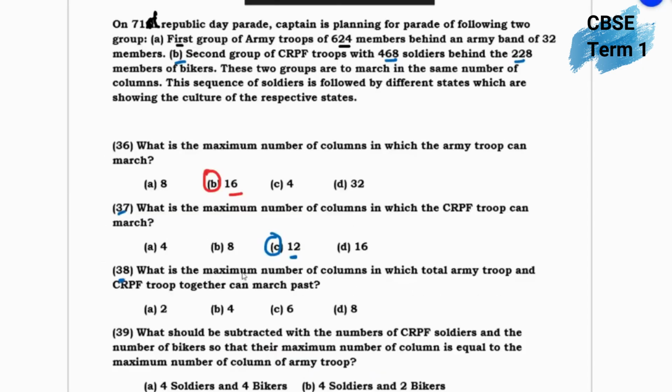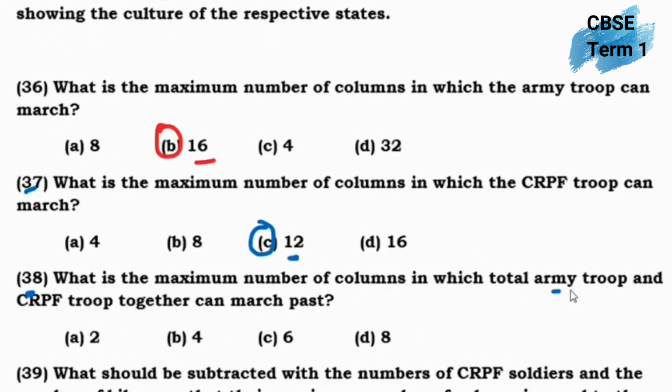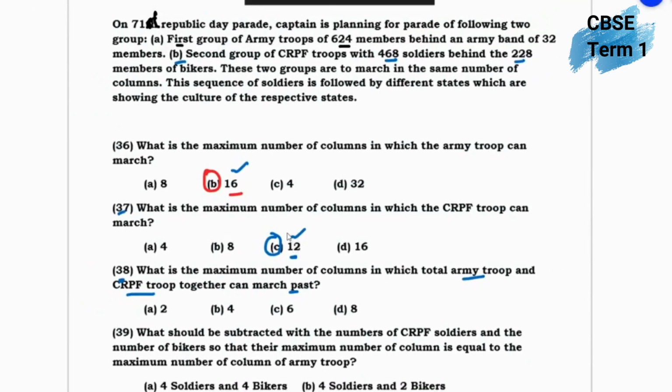38th question, what is the maximum number of columns in which the army troop and CRPF troop together can march? So we got the maximum number of columns for army troops as 16 and CRPF troop as 12. So we have to take the HCF of 16 and 12. HCF of 16 and 12 is 4.